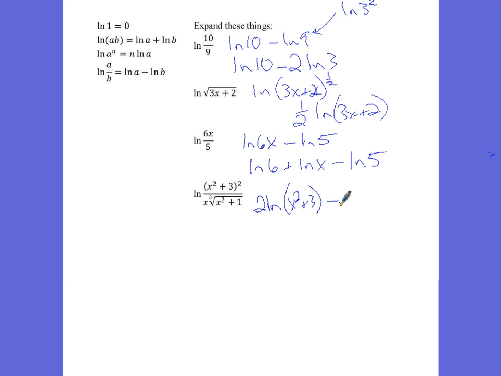See, that's a good question. I think that's a cube root. Don't do too much at once. One-third.